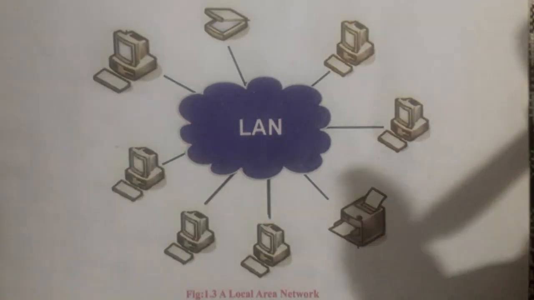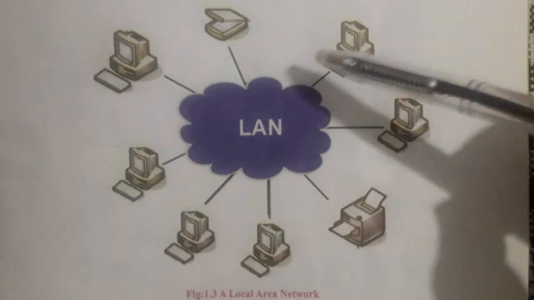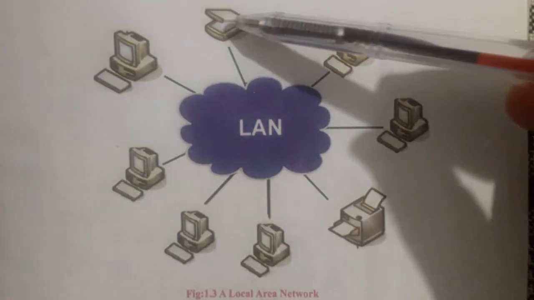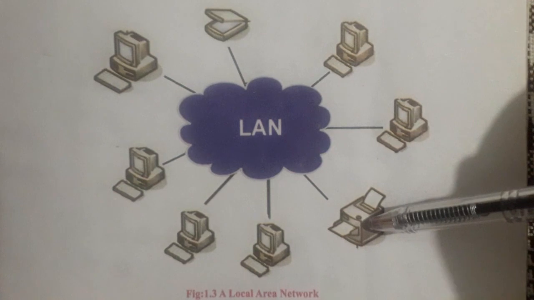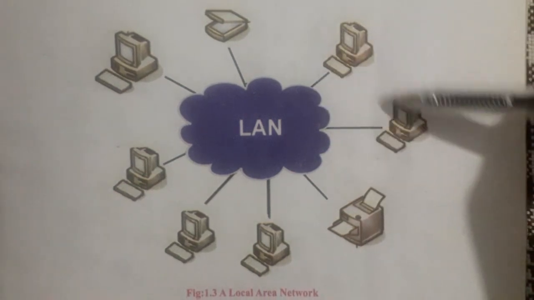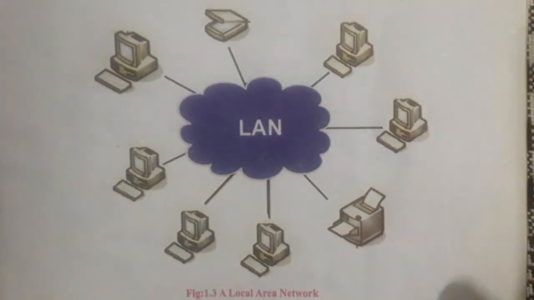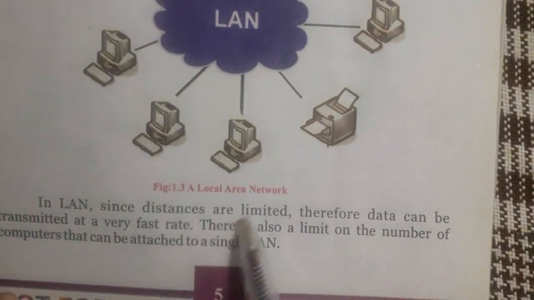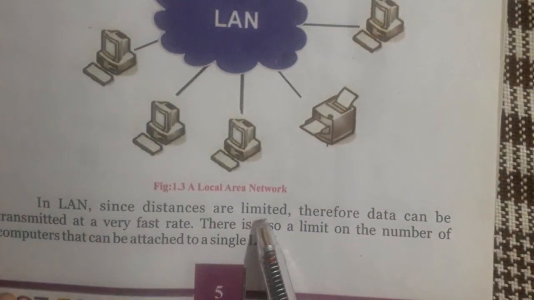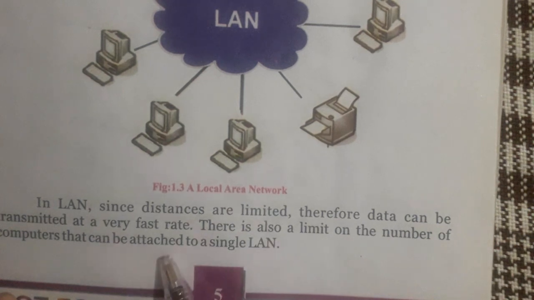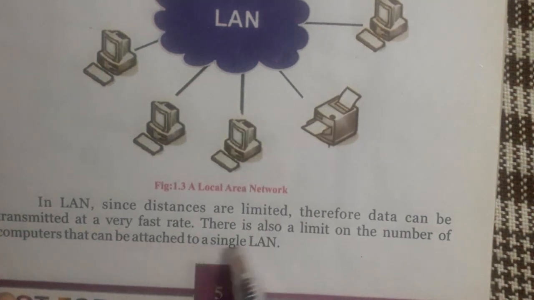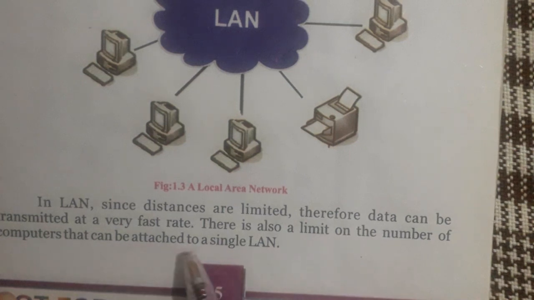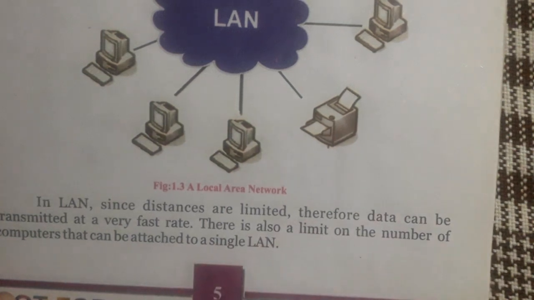This figure shows a local area network. The two resources, scanner and printer, are shared between these devices. In LAN, since distance is limited, the communication rate is very fast. There is also a limit on the number of computers that can be attached to a single LAN.